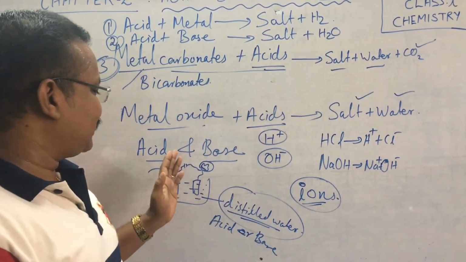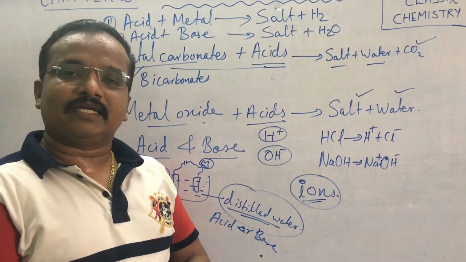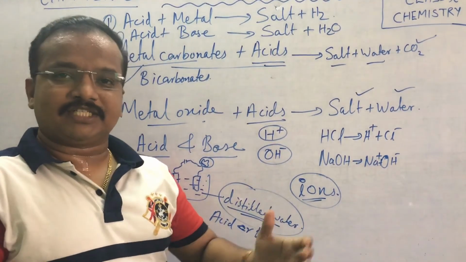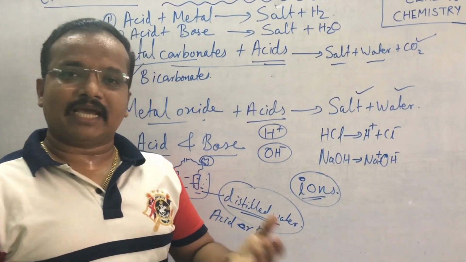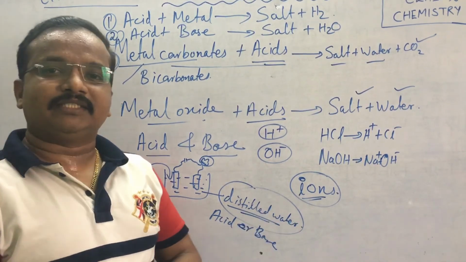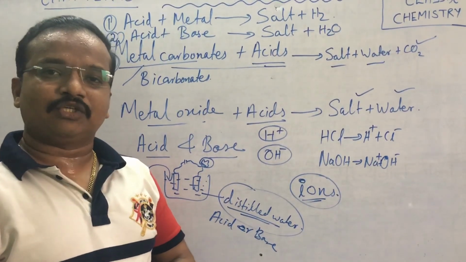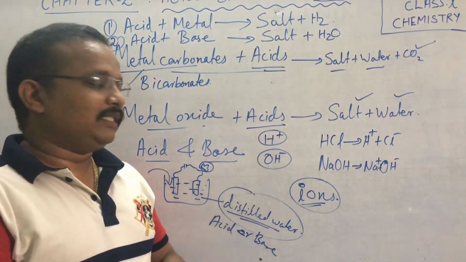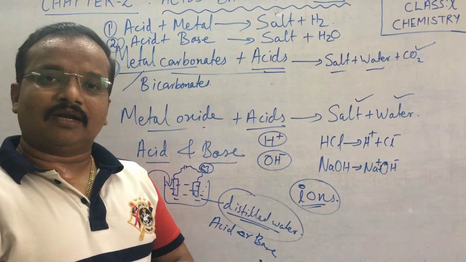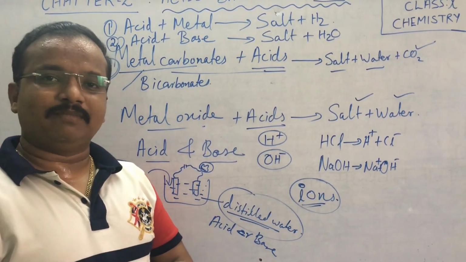We have also discussed that acids and bases both contain species called ions, whether cation or anion. They furnish ions, so the conduction of electricity becomes possible. These are the chemical properties of acids and bases.